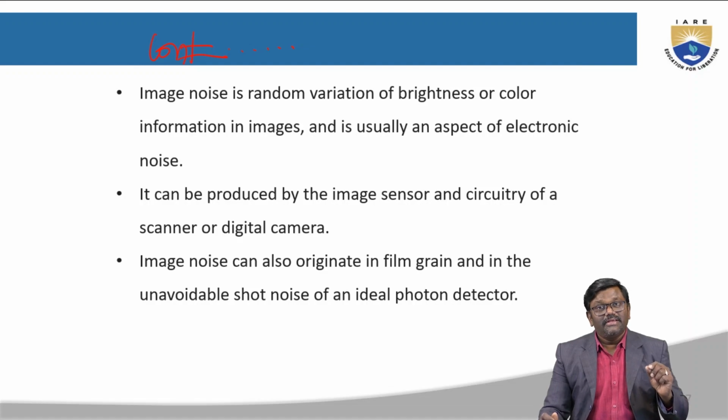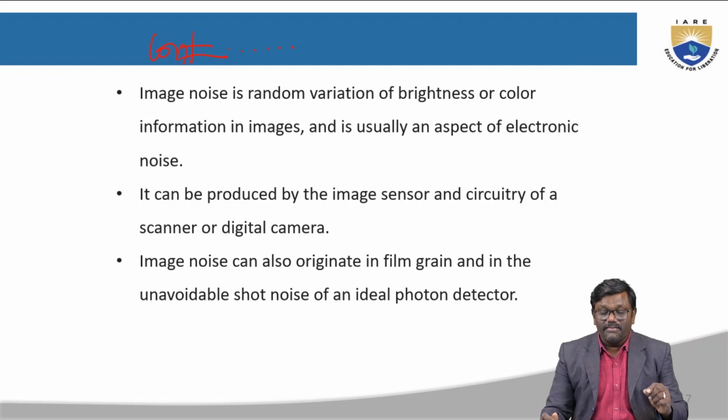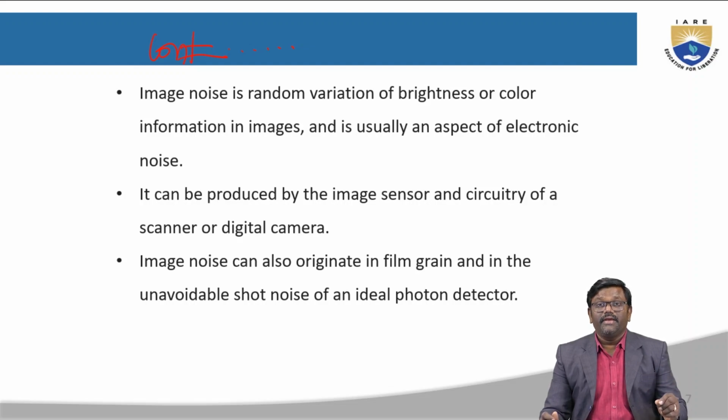So image noise is random variation of brightness or color information in images and is usually an aspect of electronic noise. It can be produced by the image sensor and circuitry of a scanner or digital camera.